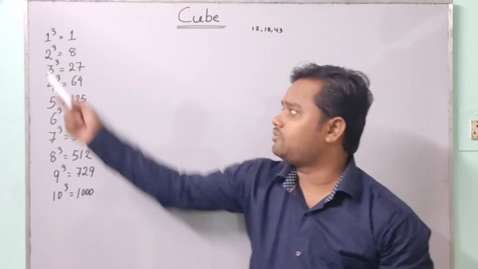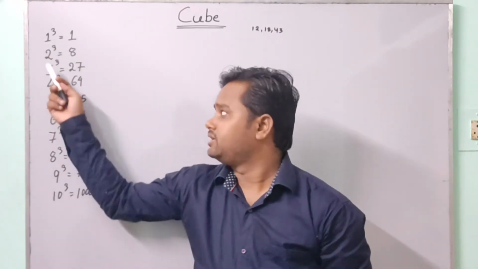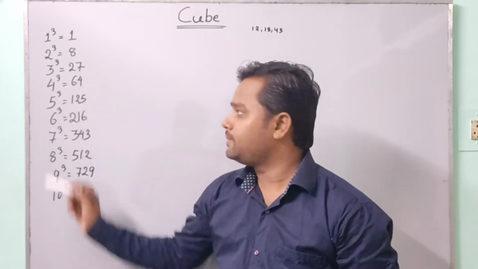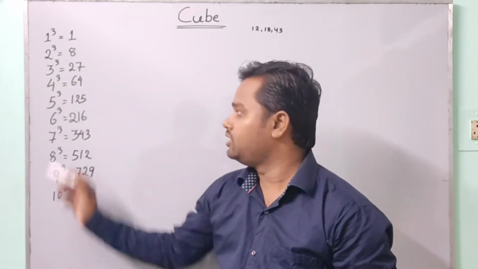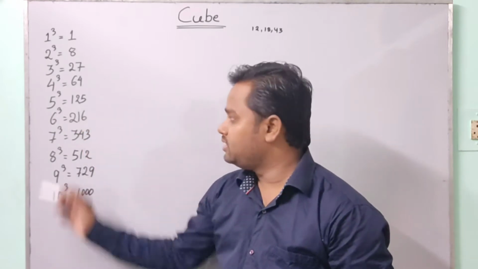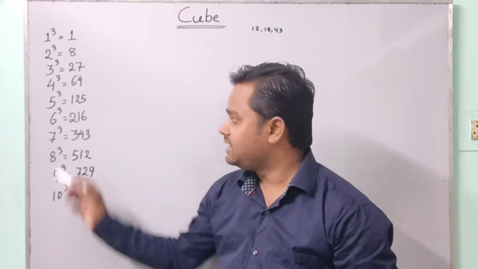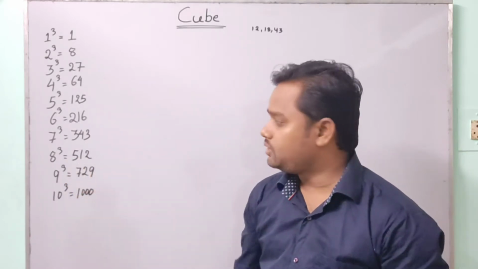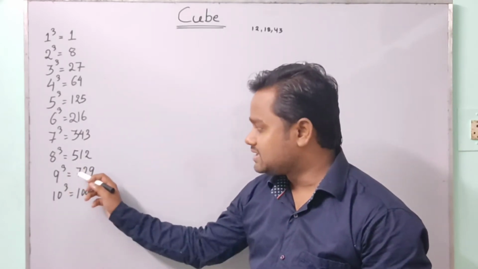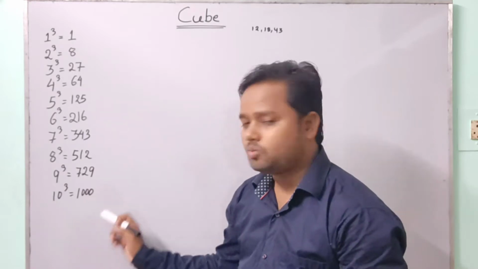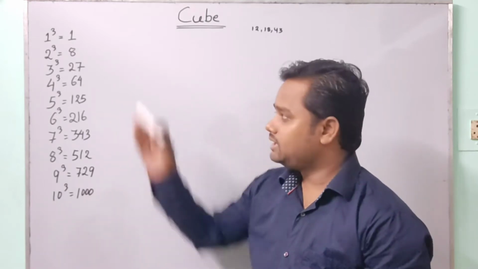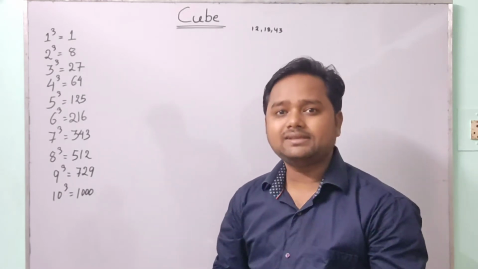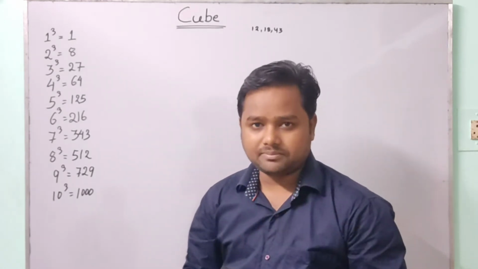We know the cube of 1 is 1, cube of 2 is 8, cube of 3 is 27, cube of 4 is 64, cube of 5 is 125, cube of 6 is 216, cube of 7 is 343, cube of 8 is 512, cube of 9 is 729, cube of 10 is 1000. By remembering all these, we will find the cube of any two-digit number.